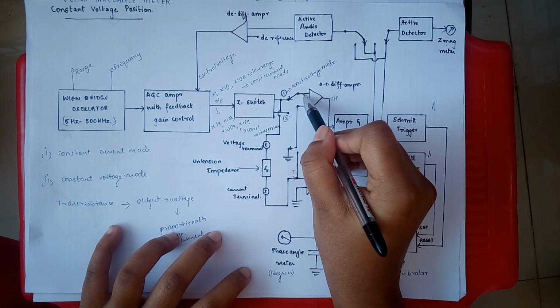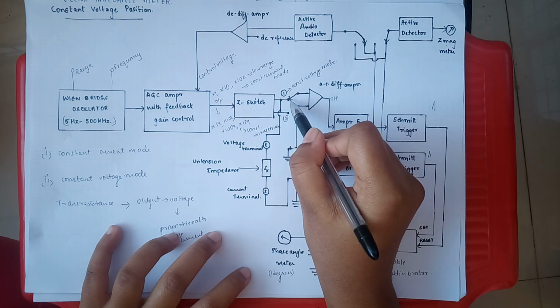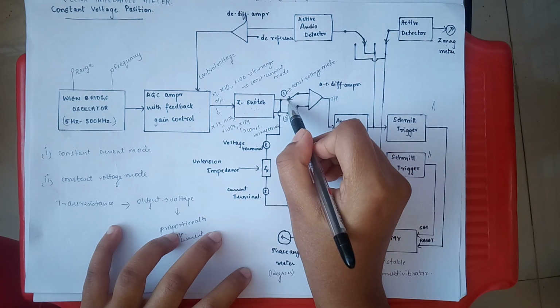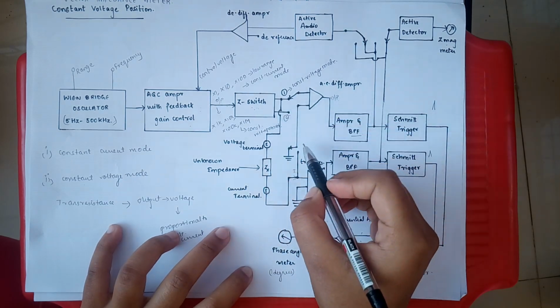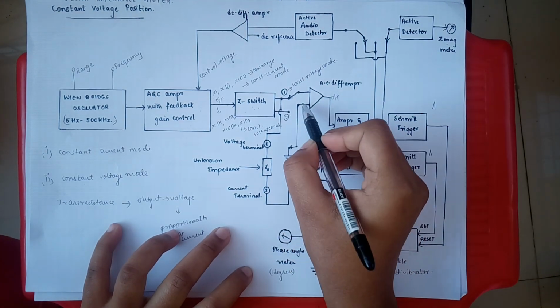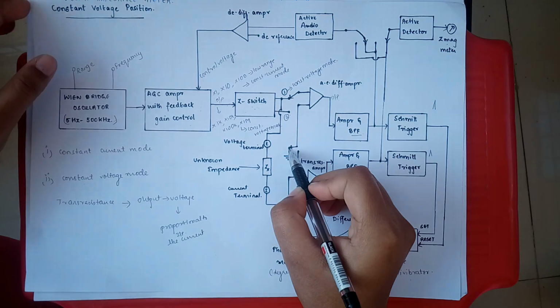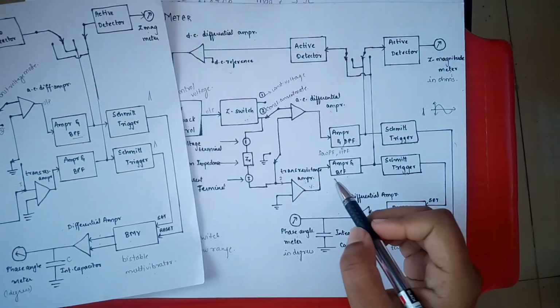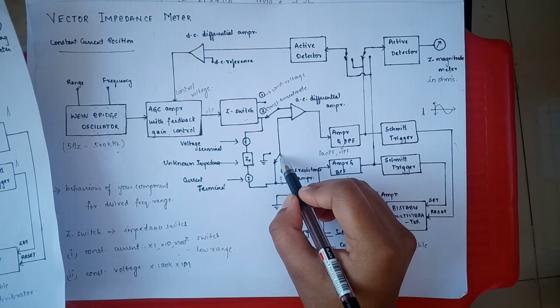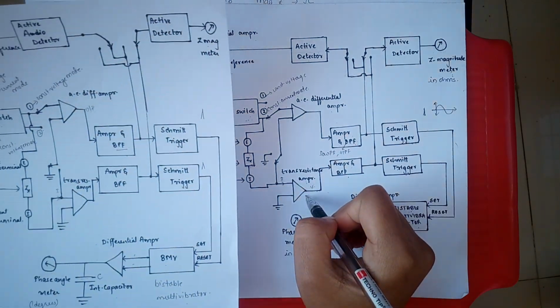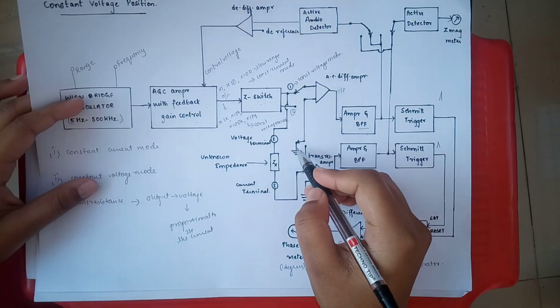The input of this differential amplifier is now connected to the constant voltage mode pin, and then your unknown impedance is also connected to that point. Also, the other input is now connected to the ground. Well, if you remember, in the constant current position, it was connected to the trans resistance amplifier, but here it is grounded.